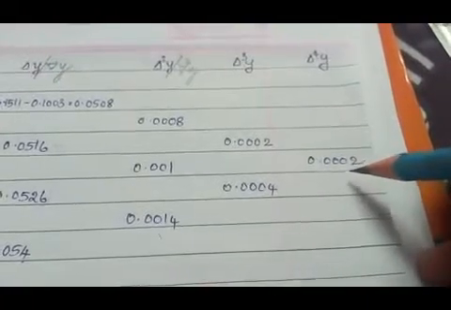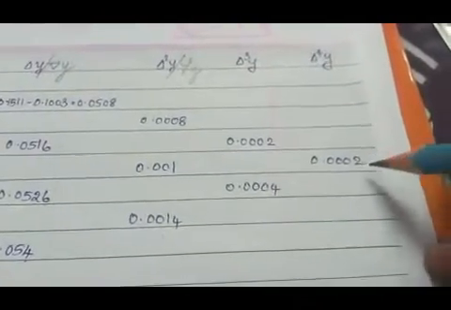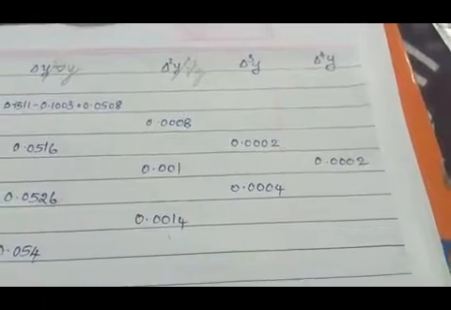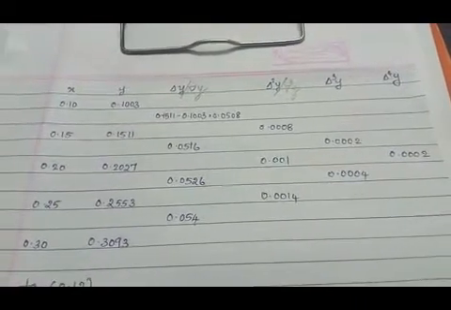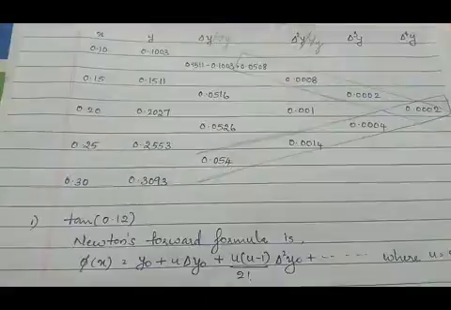Now in delta raised to 4 y we have only one value, so we can't go for delta raised to 5 y. Okay, so this is the difference table that we will get after finding all the differences.